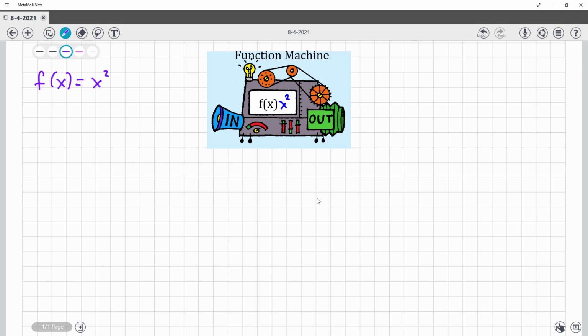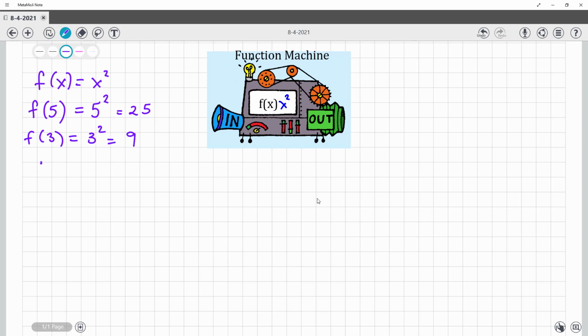How this is written, they will write inside the parentheses your input. So that just simply means where you see an x, plug in your value. You might see something like f of 3. Well, the same thing. Where you see the x, you plug in your value.